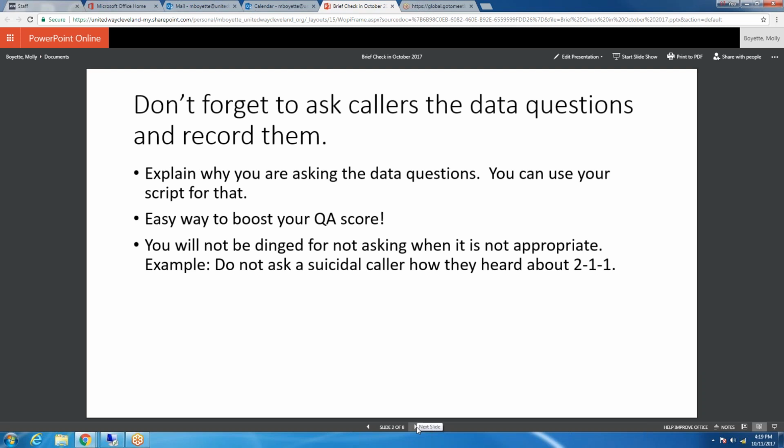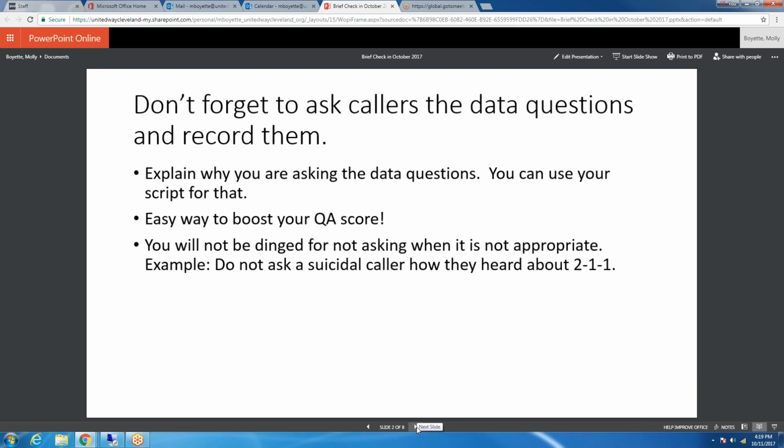If you have a suicidal caller, don't ask them how they heard about 211. We really don't care. We need to get someone that's in a crisis situation to the appropriate help, and we don't want to ask them things that are not appropriate or relevant when they're in crisis.